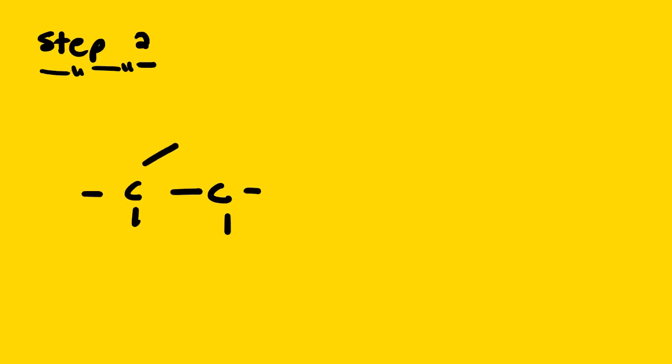So let us write our mercurinium ion. Then we have water. I think this color is not visible enough, so let me use this one for H2O.